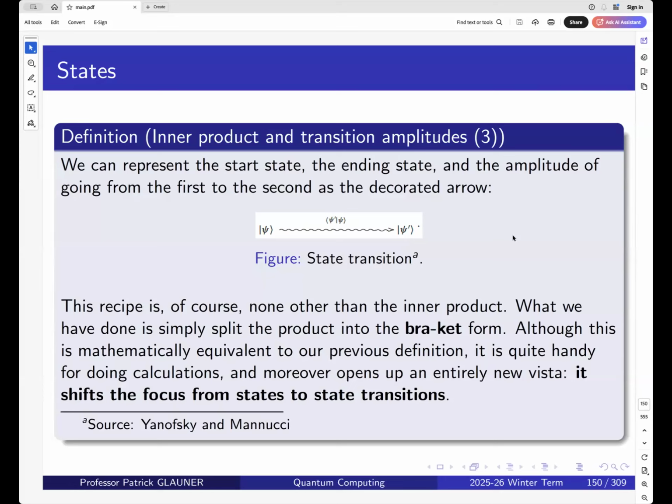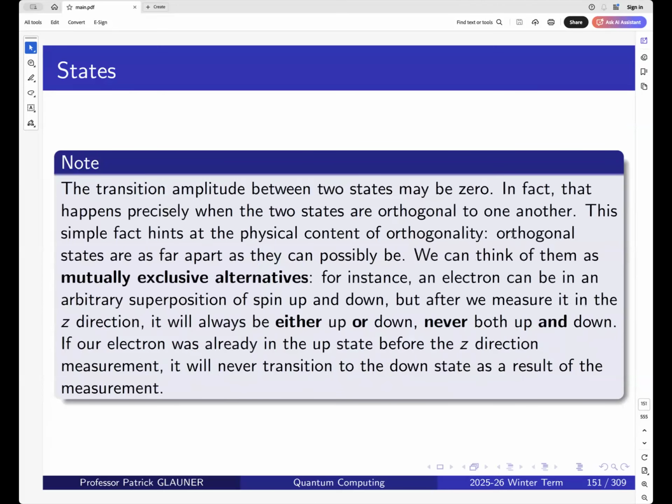It's just a different approach from what we had done before, but here it really helps us shift the focus from states to state transitions. There are a few extra notes to pay attention to. It could happen that the transition amplitude between two states is zero.